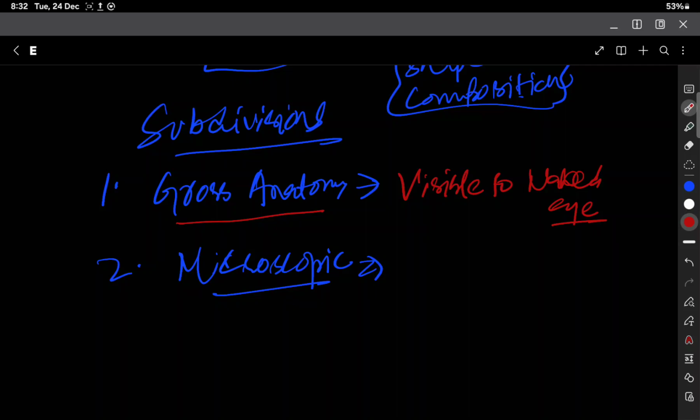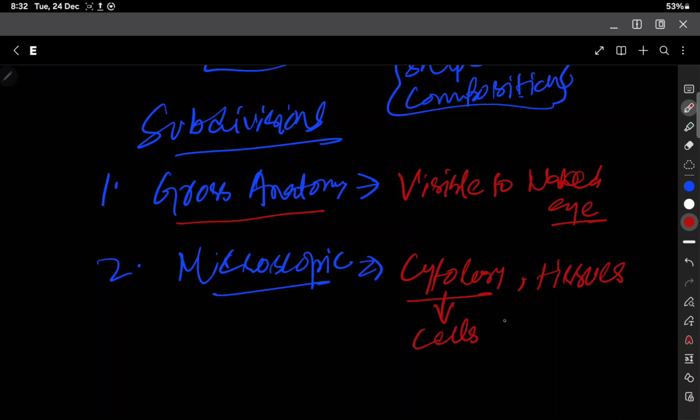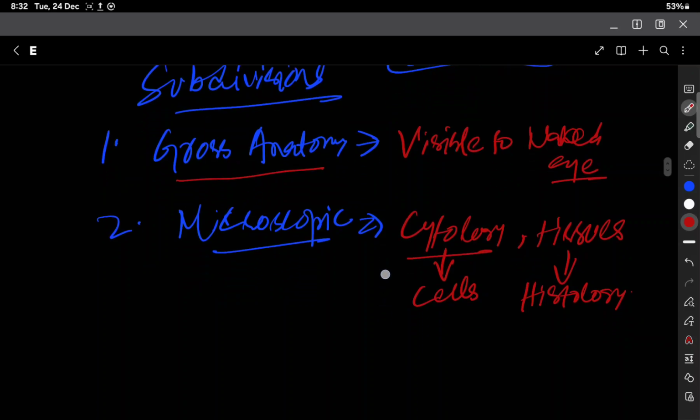For example, examination of cells is called cytology, and examination of tissues is called histology. We can study the structure of cells and tissues under modern compound microscopes. That type of anatomy we call microscopic anatomy.